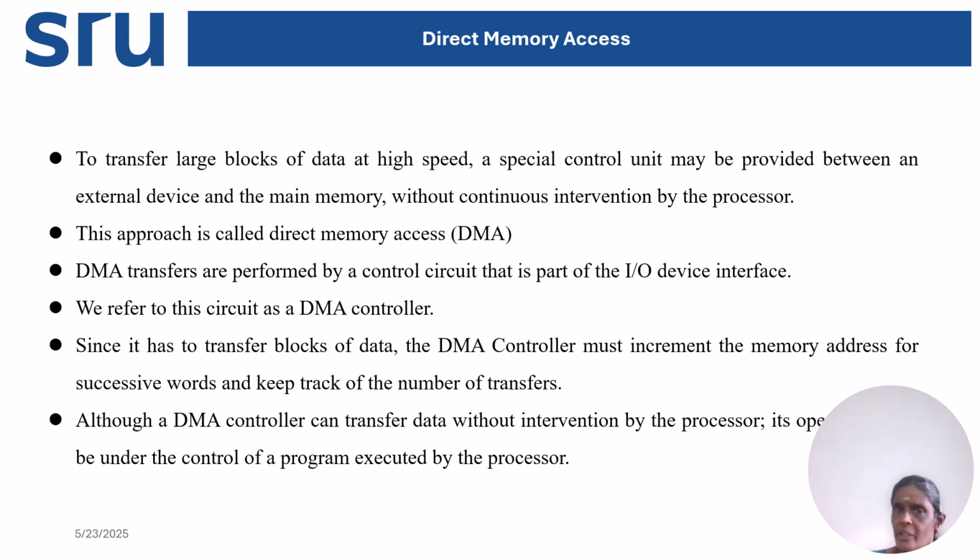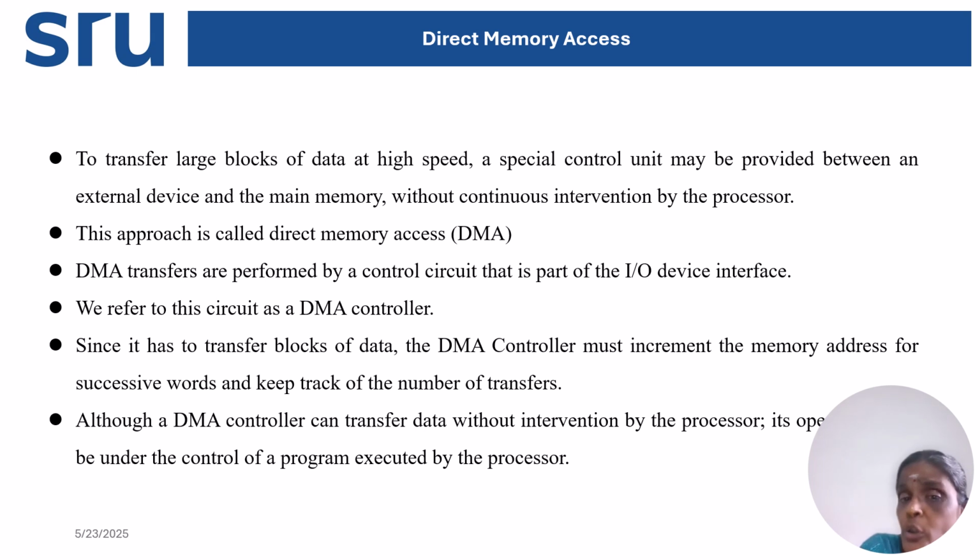That is direct memory access, used to transfer a large block of data at high speed. Not just one bit by one bit, no. A block of data, a group of data, will be transferred together from one place to another at high speed.